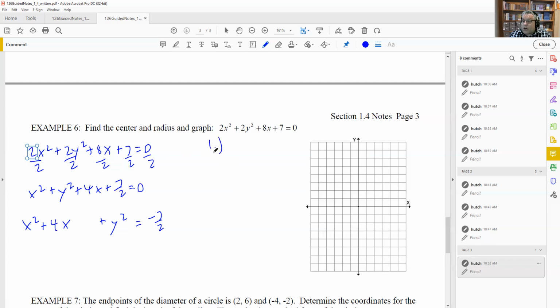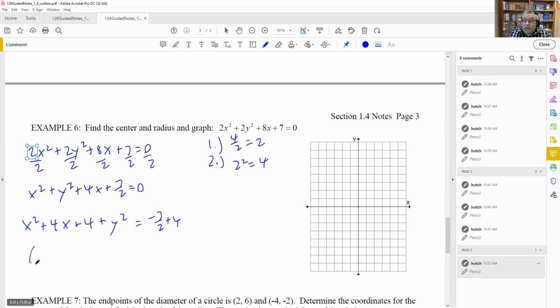So here's our step 1 and step 2. Step 1 is you always take the number in front of the non-squared variable and divide it by 2. Step 2 is you always square the number that you got in step 1. So that's 2 squared equals 4. The number you get in step 2 is what you add to both sides of the equation. So I'm going to add a 4 there and add a 4 there.